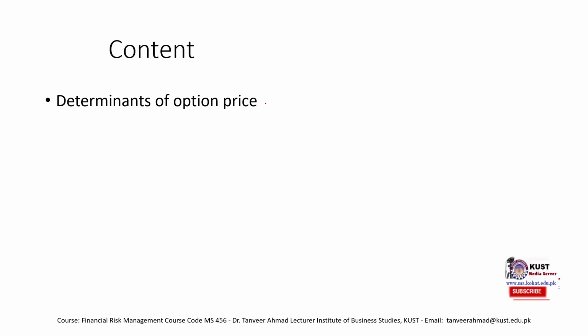But there are some shortcomings in that put-call parity model, and one of them is quite obvious. If we look at the model, S naught plus P should be equal to C naught plus the present value of the exercise price.